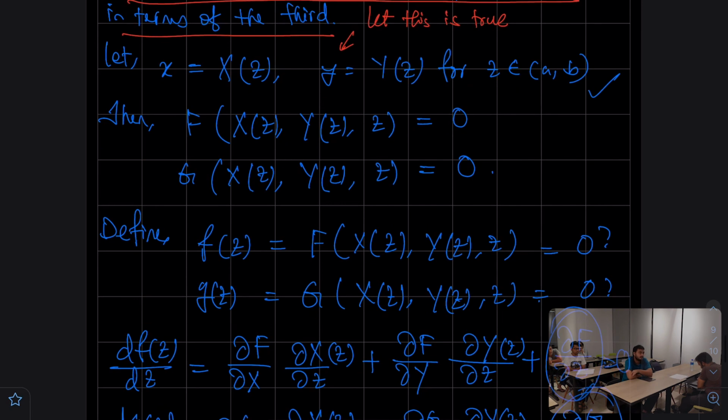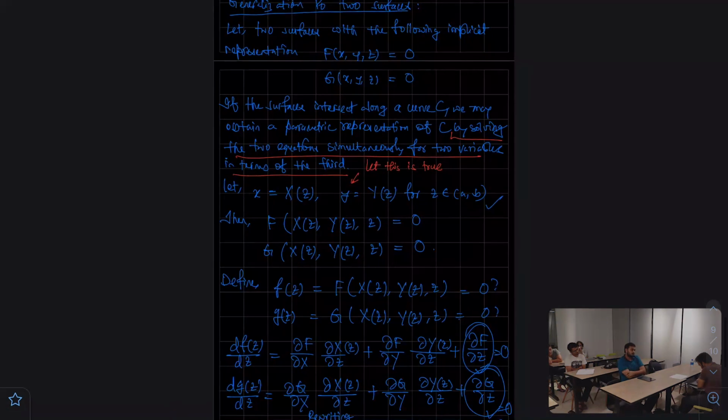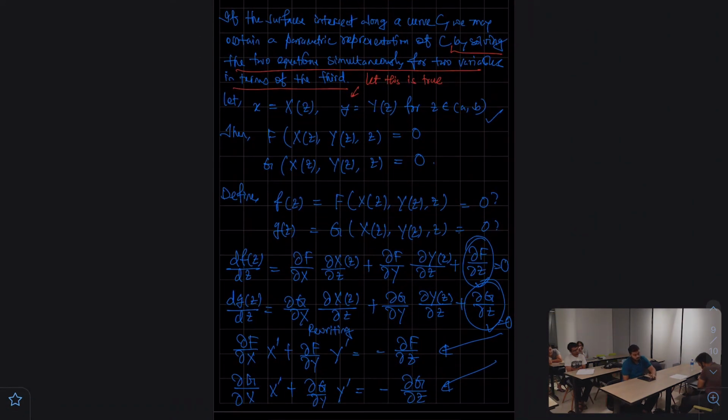He's defining small f and small g to be those functions. And he said, if the book writes like that, those definitions have to be zero. So in that case, f of z is identically zero. What is the point of taking your derivative? No, it's not zero. It's a non-trivial function of z. So it has to be solved for z. Okay, that's right. And that's basically the curve.